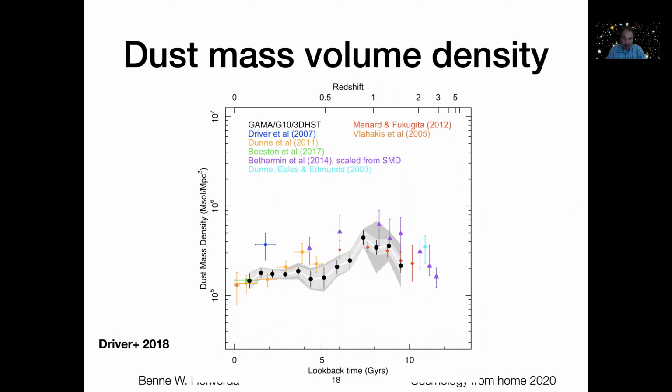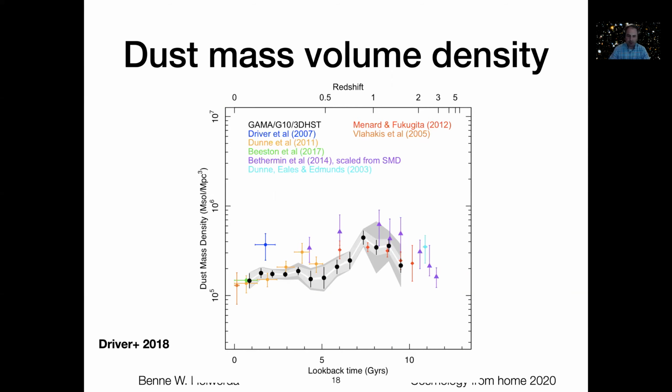Now with dust, the interesting thing is that we're interested in the life cycle of dust. Star formation both produces dust, in supernovae and AGB stars, but it also consumes dust, because that's what the giant molecular clouds that drive star formation are made of. So the lifetime of dust is assumed to be pretty short on galactic scales, about 150 megayears.